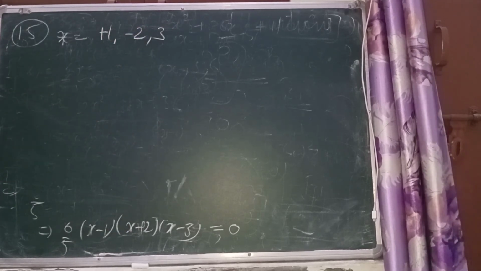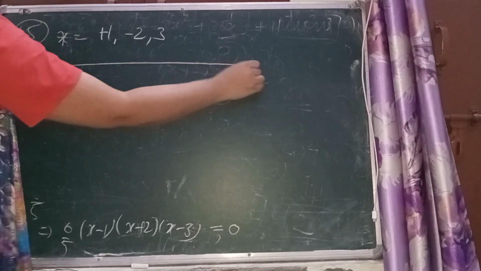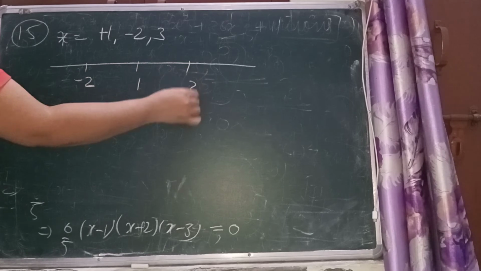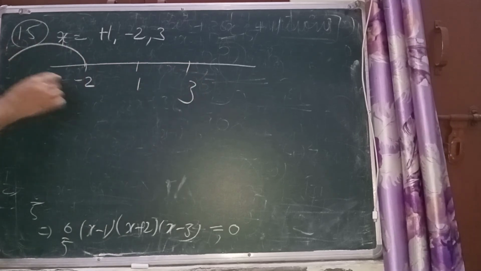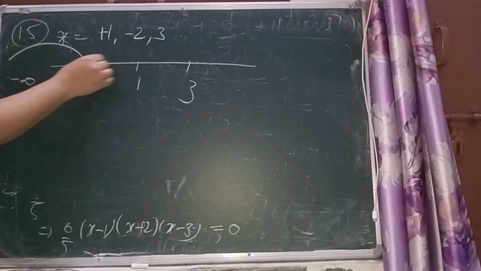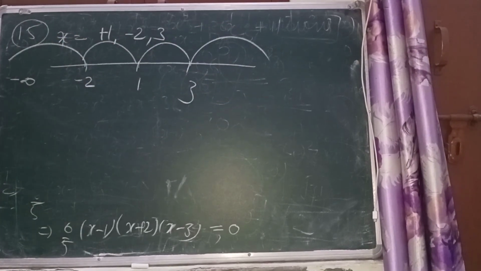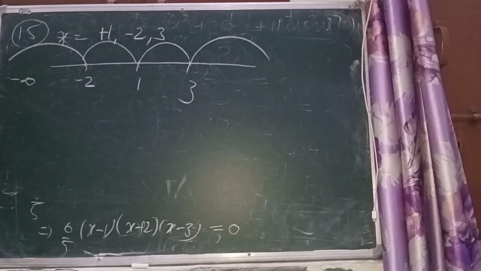These three are the critical points. We will arrange them in order. What will be the order? Minus 2, 1 and 3. So the intervals are minus infinity to minus 2, minus 2 to 1, 1 to 3 and 3 to infinity. Here we have got our 4 intervals.